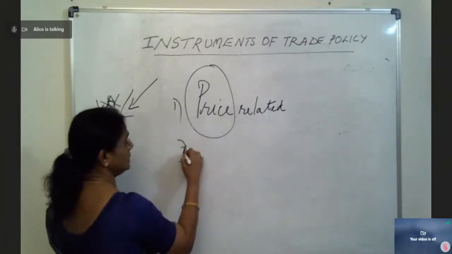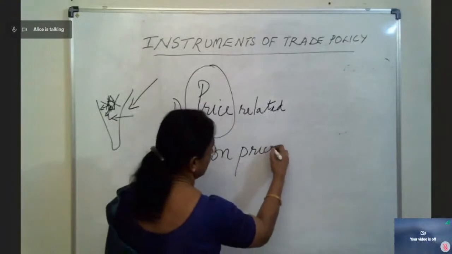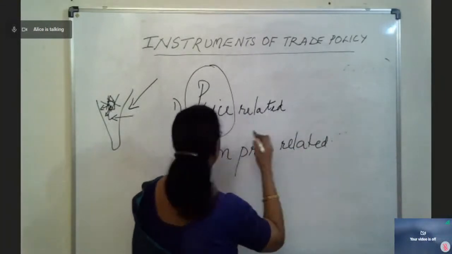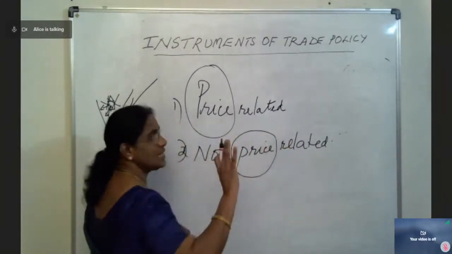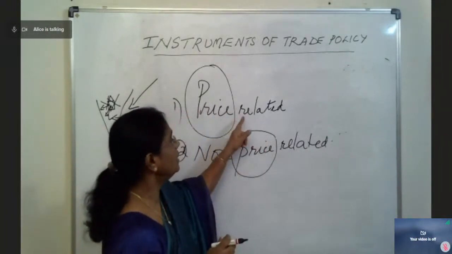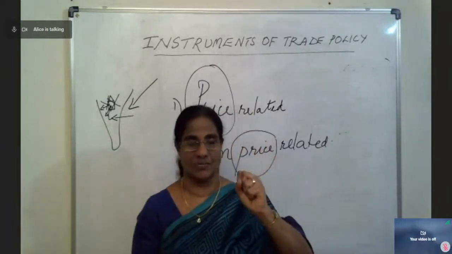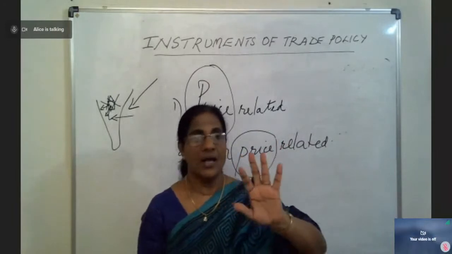The opposite is non-price related. So here we are not trying to touch the price. We are taking some other measure. Here we are trying to manipulate the prices. Change the relative prices. I'll come to that later.